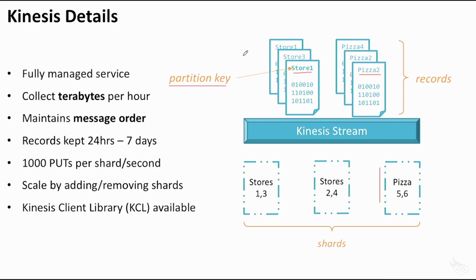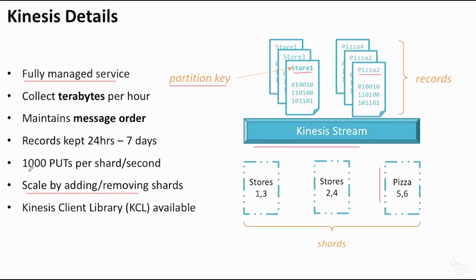Very much like Relational Database Service or Amazon DynamoDB, Kinesis is also fully managed. There's nothing we need to do other than to say, hey, I want a Kinesis stream. As we see our traffic start to increase, as we see that we're starting to handle more and more orders and more events, then we can very easily scale Kinesis simply by adding shards.